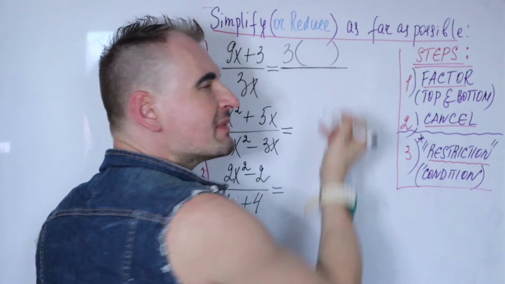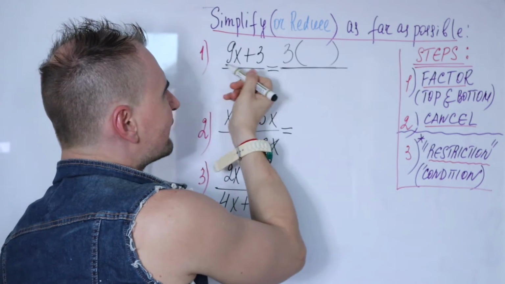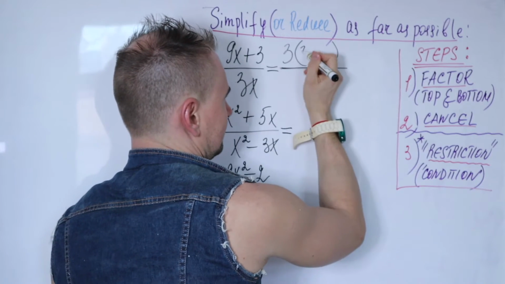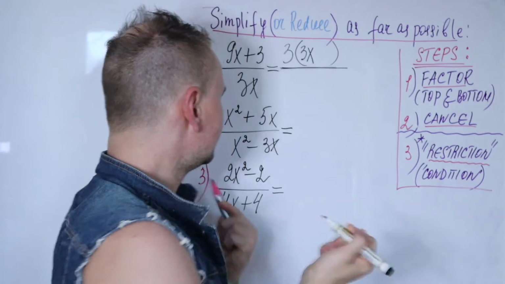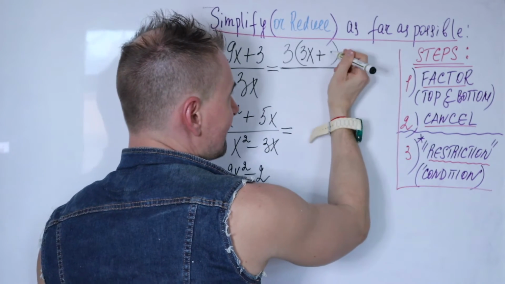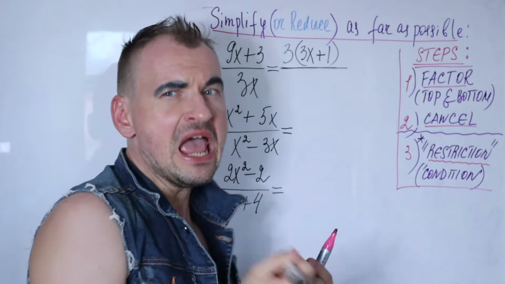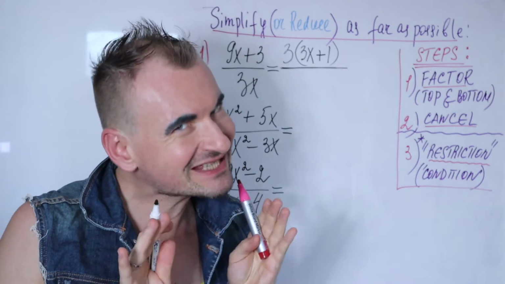So what's going to be left over? What goes into your parentheses? When you pull out 3 from 9x, 3x would be left over. Now, what's going to be left over instead of 3? It's 1.